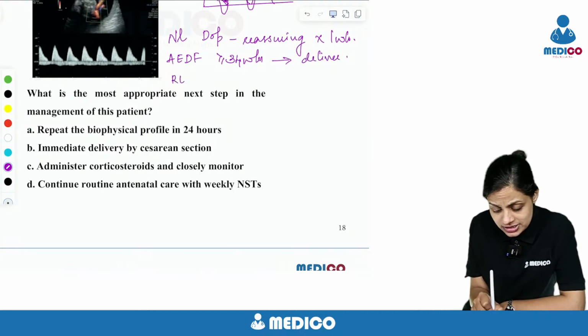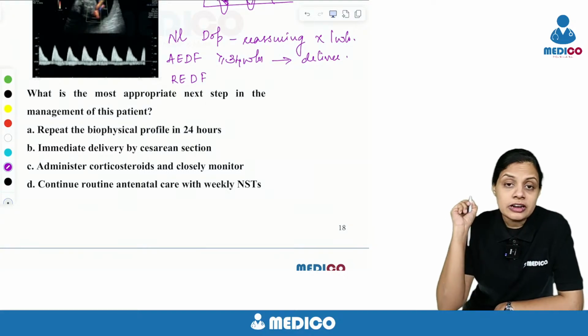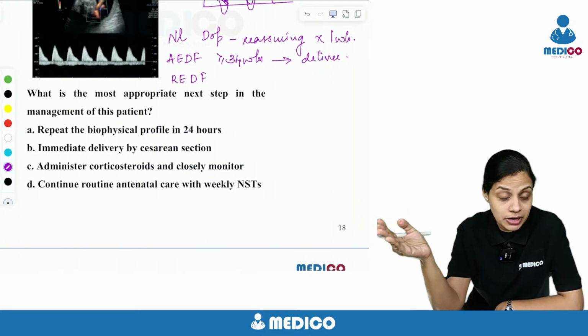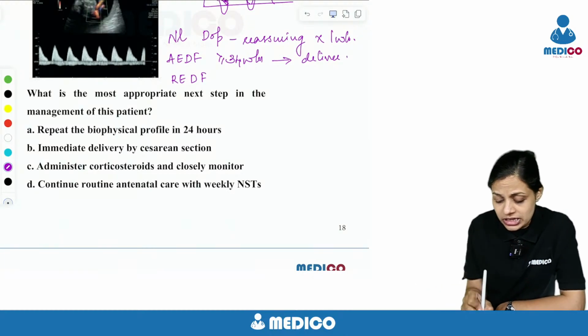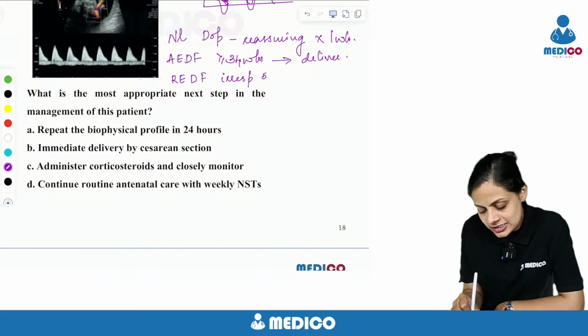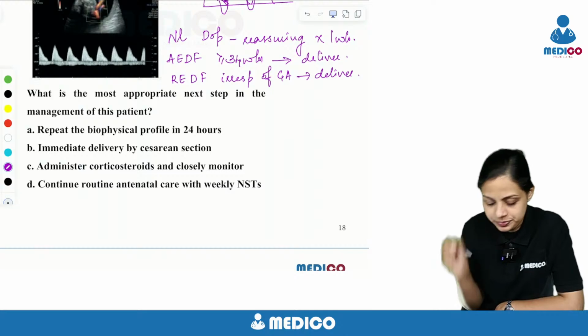A reversal of the end diastolic flow means it is tending towards fetal demise in around 1 to 2 days. So, irrespective of the gestational age, you will go ahead and deliver the woman.